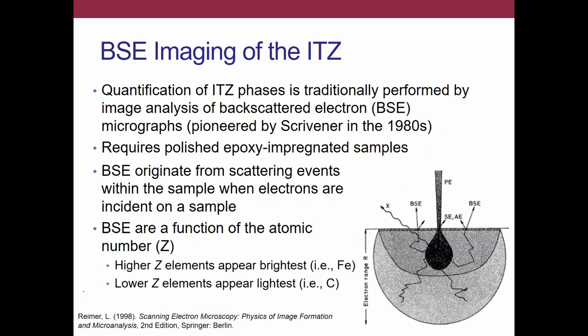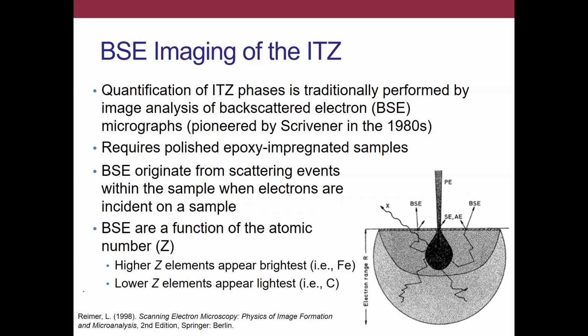So how do we characterize this ITZ? The best way to do this is using backscattered electron imaging. This is using an electron microscope, and specifically you need an electron microscope with a backscatter electron detector.